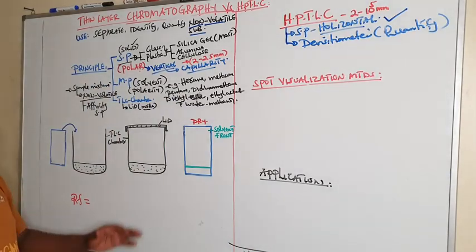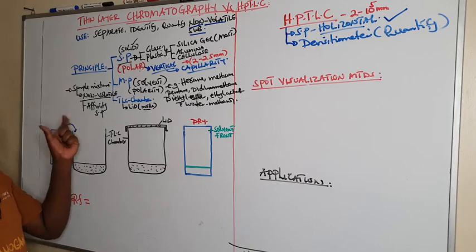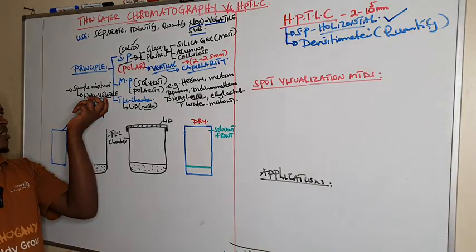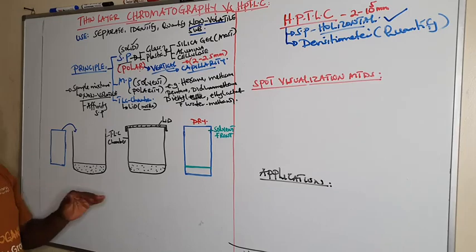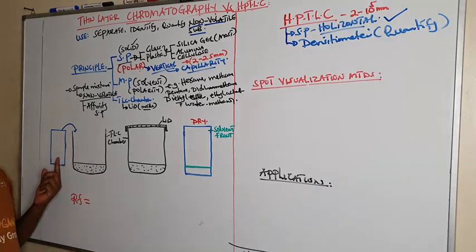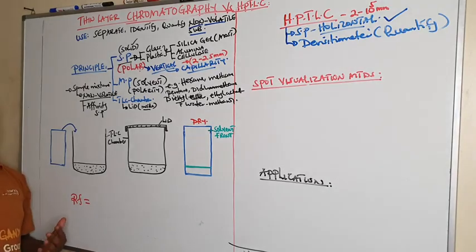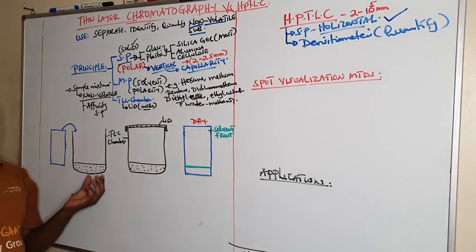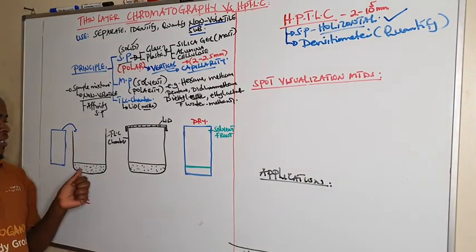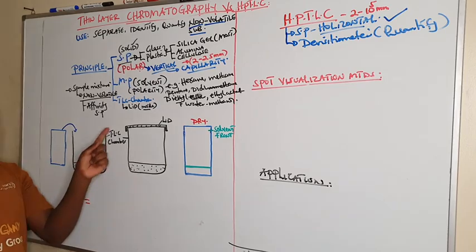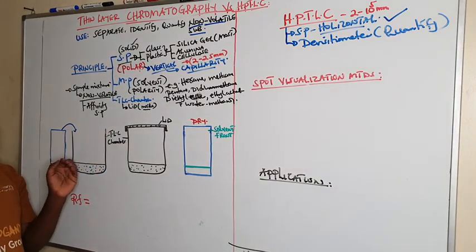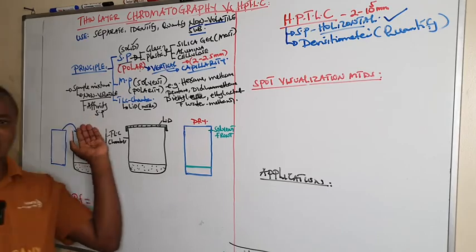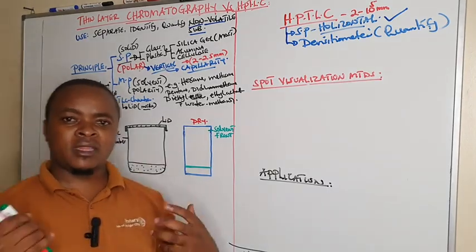So in summary, the principle is that when a sample mixture which contains non-volatile substances to be separated is put on a stationary phase made up of glass or plastic coated with silica gel, and is placed into a thin layer chamber containing the solvent, and then the lid is applied, we are going to see that the inks which were applied migrate depending on their affinity or interaction with the stationary phase.